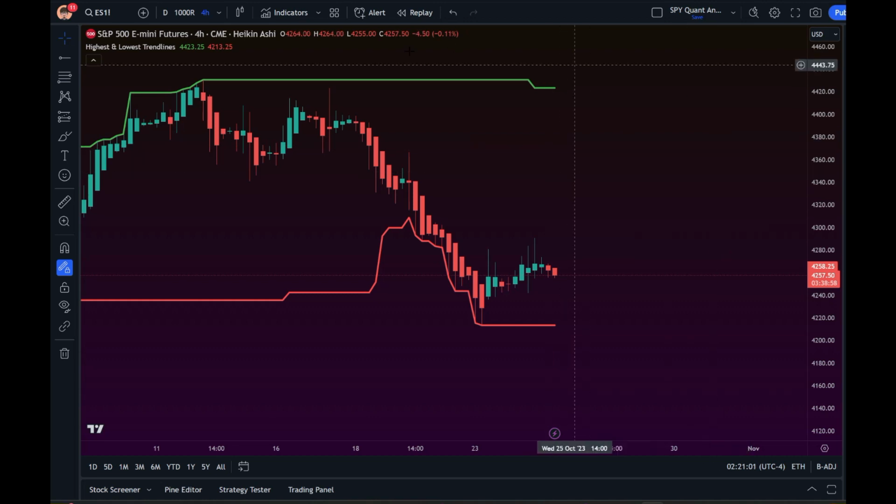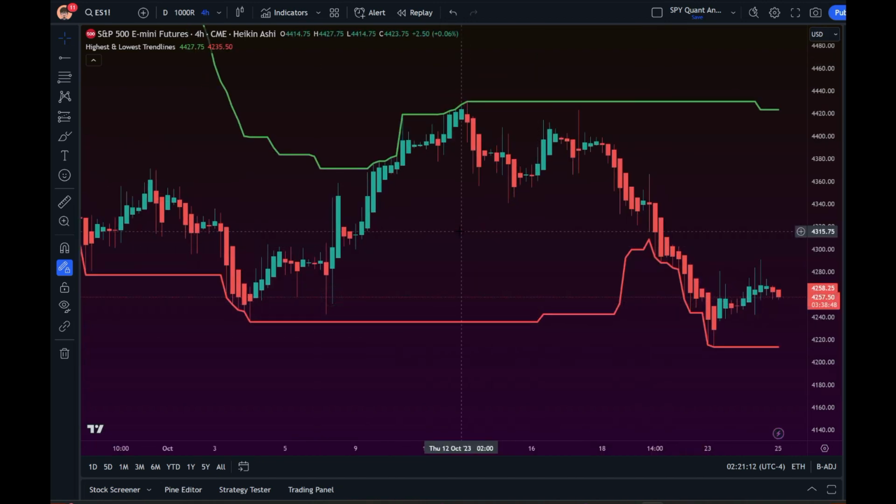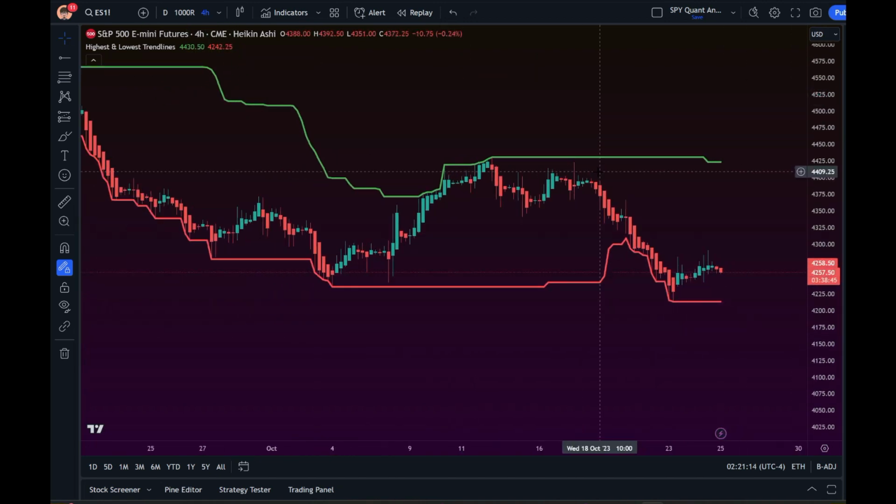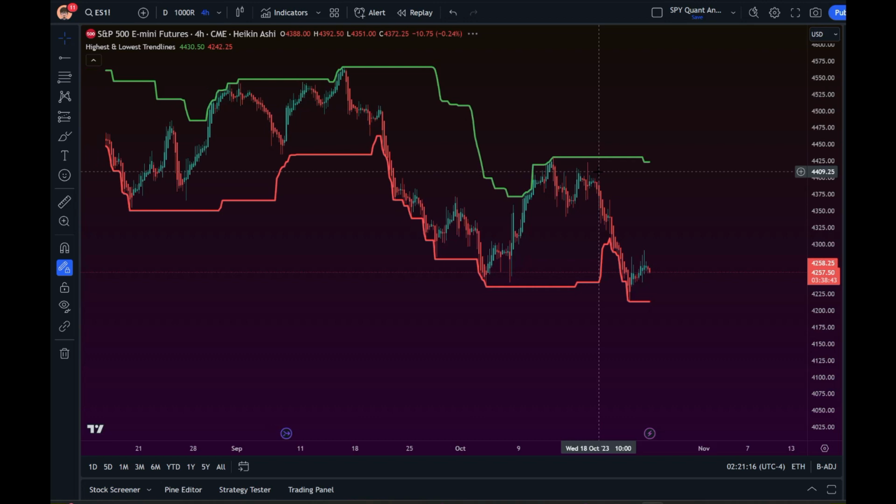So here's what it looks like with the colors and the thickened lines. It looks okay. If we were to zoom out, you can see how it stays pretty confined. It works well for what it's supposed to do.